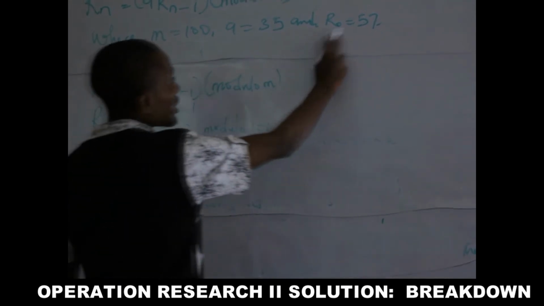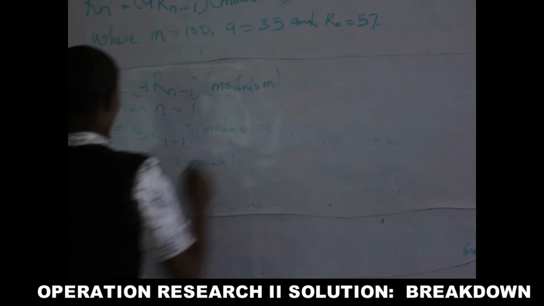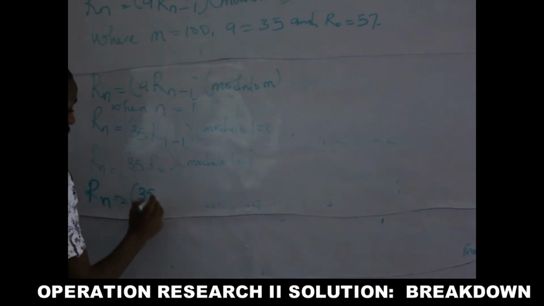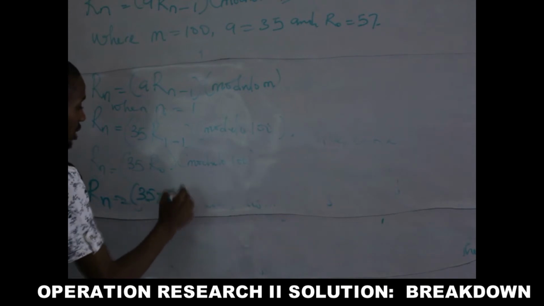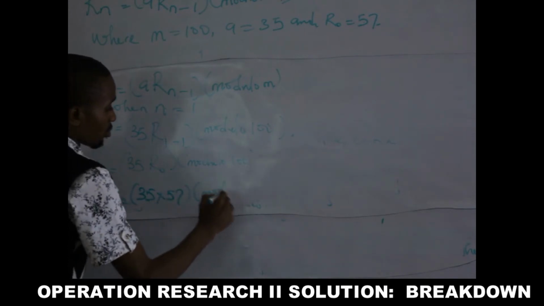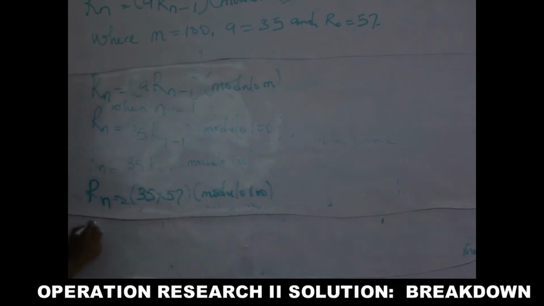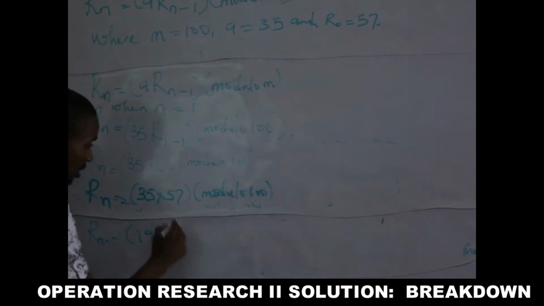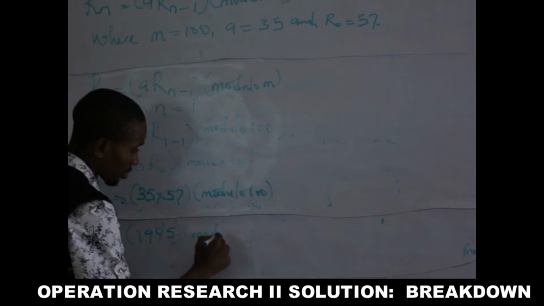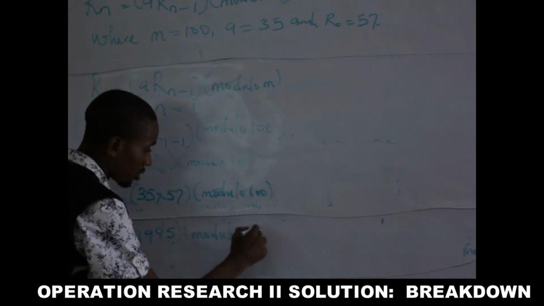Our R initial is equal to 57. So we have 35 times 57 modulo 100. You multiply by the starting initial. 35 times 57 will give us 1995. Then modulo 100.